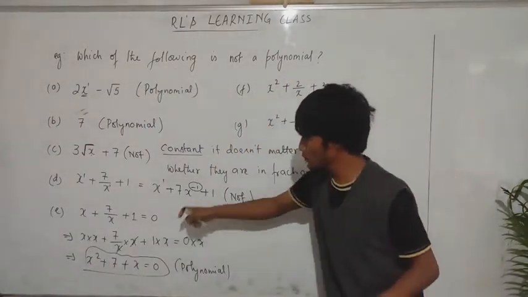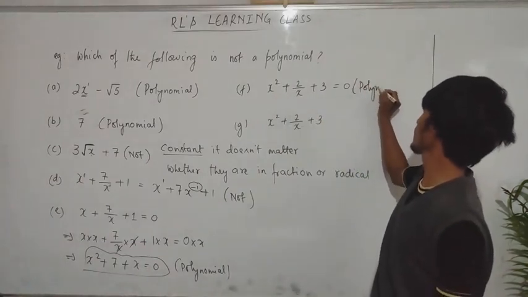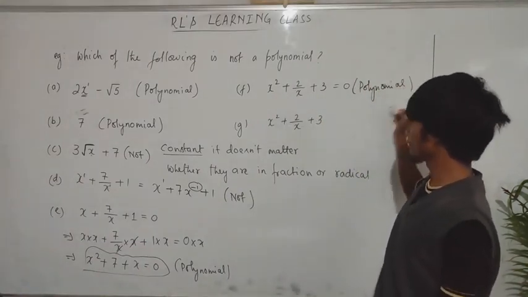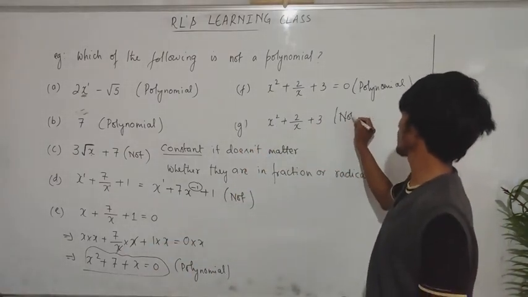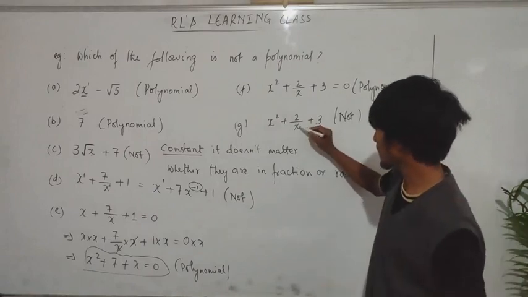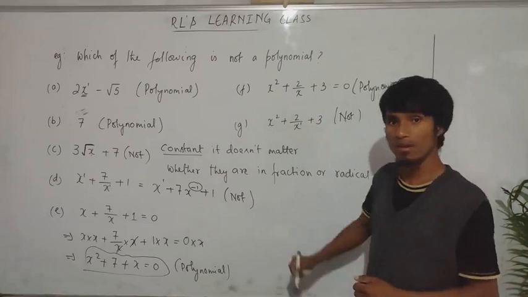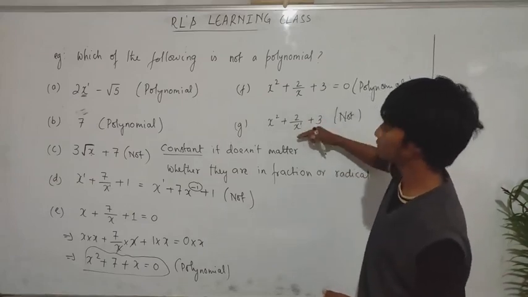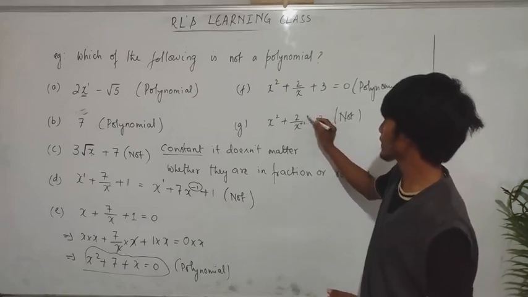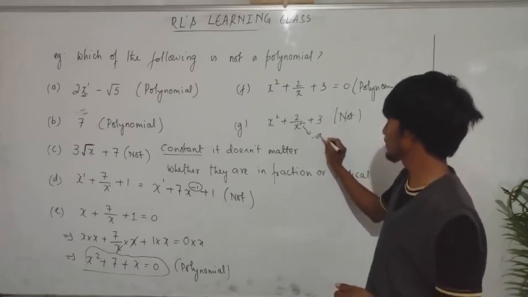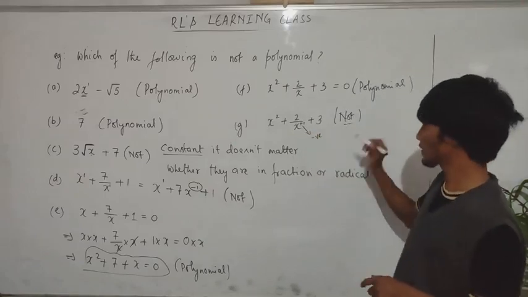This is again similar to E, so obviously this will be a polynomial. This one will be similar to number D, so this is not a polynomial. Because this x, if you take it up, x here is power 1, then when raised to the numerator, this positive changes to negative. The power of the variable is negative, so it is not a polynomial.